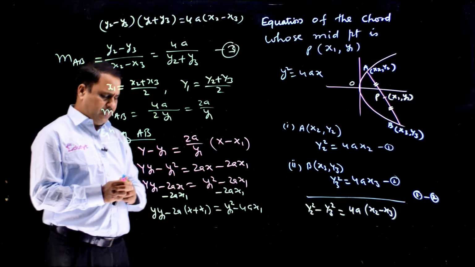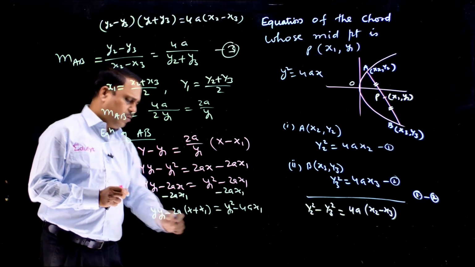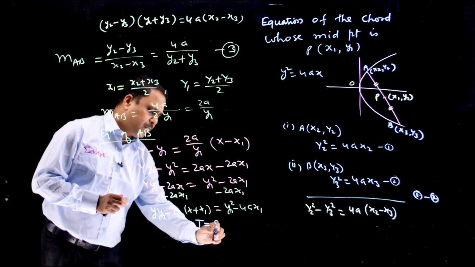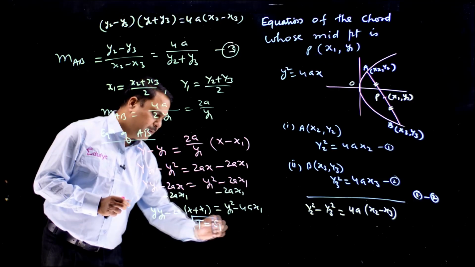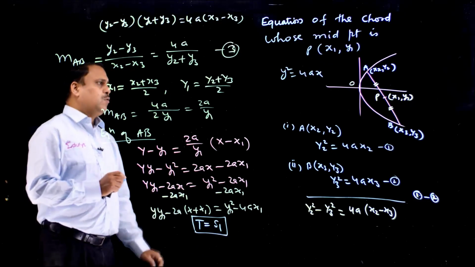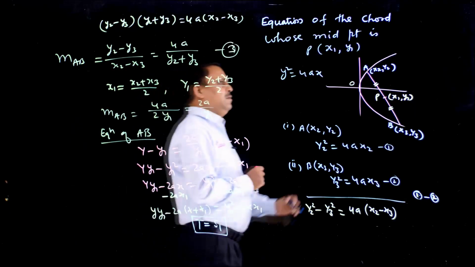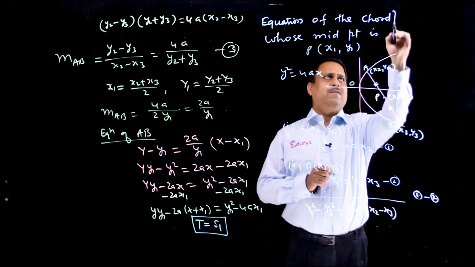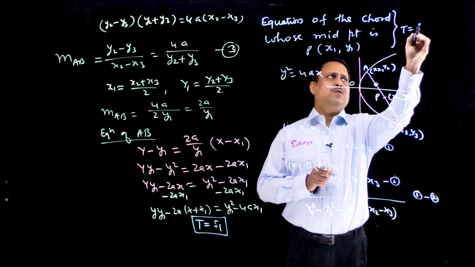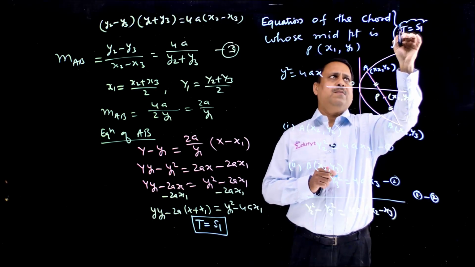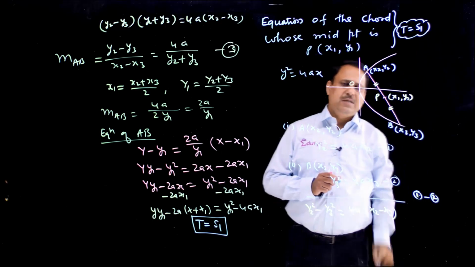So you can easily remember this in the form of T equal to S1. So the equation of the chord whose midpoint is P(x1, y1) is given by T equal to S1. In short form, we can remember it this way: T is equal to S1.